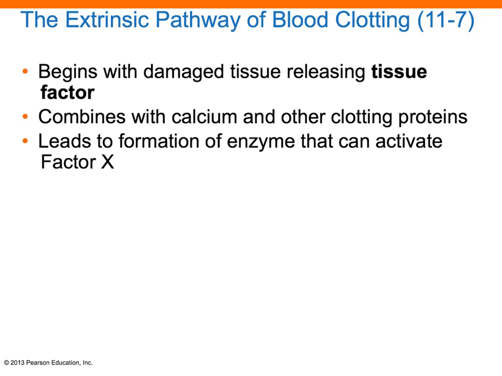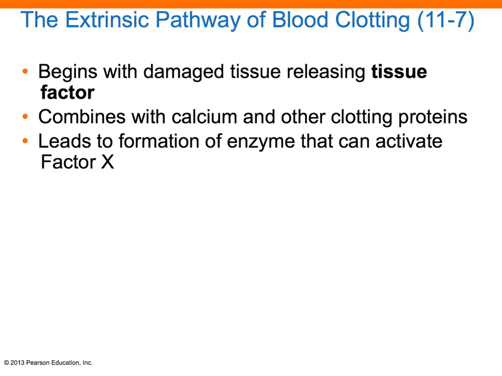When a blood vessel is damaged, both the extrinsic and the intrinsic pathways are activated. Let's begin talking about the extrinsic pathway. The extrinsic pathway begins with the release of a lipoprotein called tissue factor. The greater the damage, the more tissue factor released, and the faster the clotting happens.